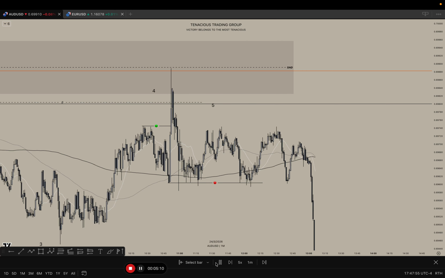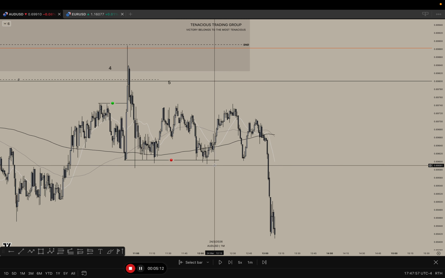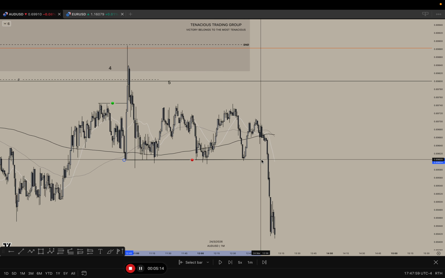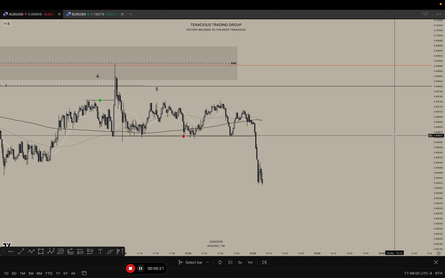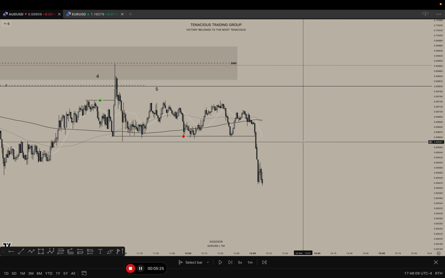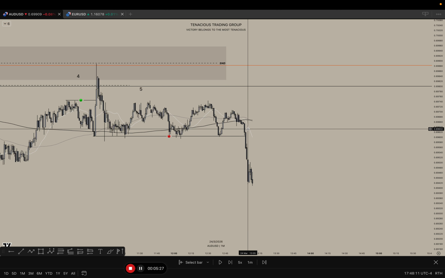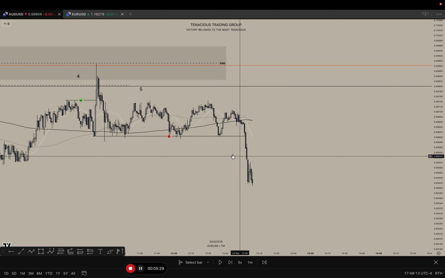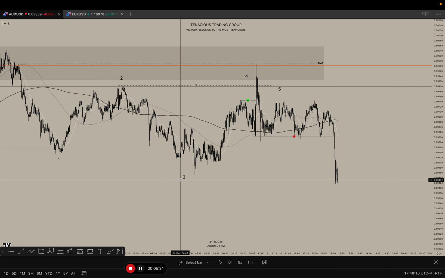Price is taking forever. Okay, oopsie. So we've now taken out those lows, and then now it's just about waiting and seeing what price wants to do next. So now you're gonna wait for potential confirm flip. You might wait for internal SBS. You might wait for price to happen to an area of interest, and then you might start looking for a trade based off your lower time frame.